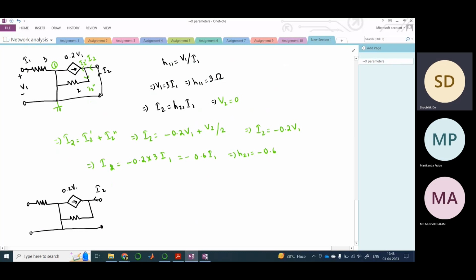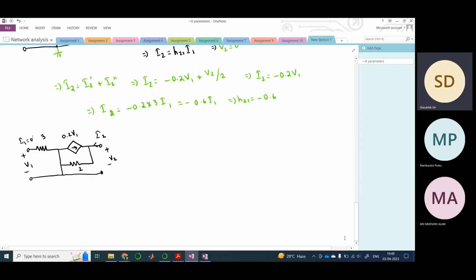There is a 2 V1. This is I, this is 2, this is V2, and this is V1. And this is 3, and here I1 is 0. So see here, what we can do.